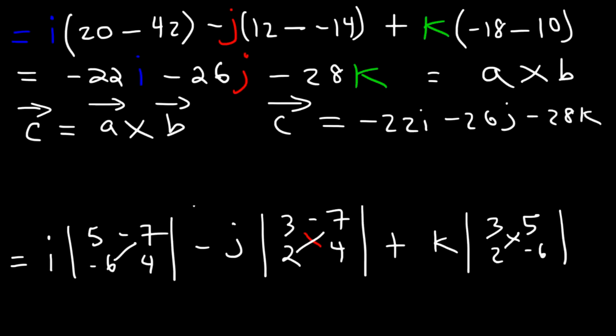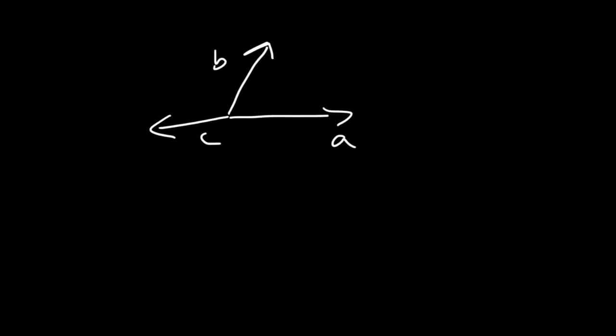So how do we know if we have the right answer or not? How can we check? Now, you need to know that when you have two vectors, let's say vector A and vector B, if you take the cross product of those two vectors, you're going to get another vector, vector C, that's perpendicular to A and B. So let's say A is perpendicular to B, let's just draw it.